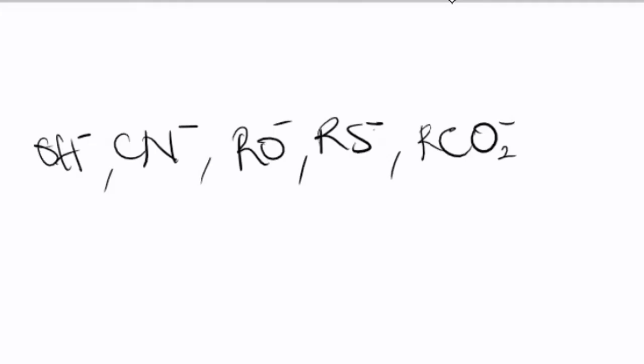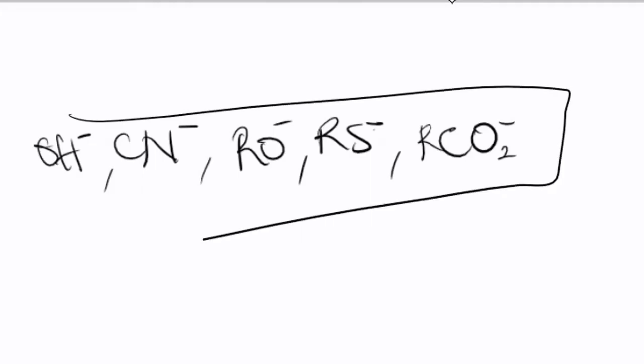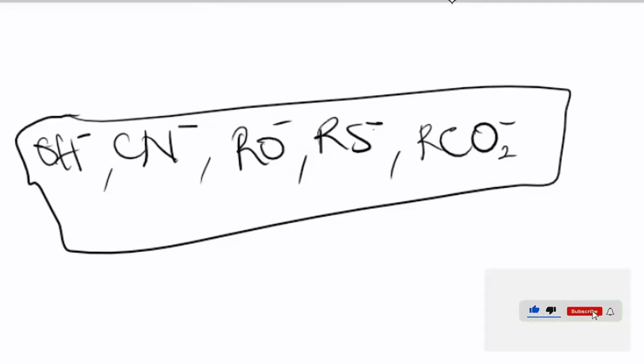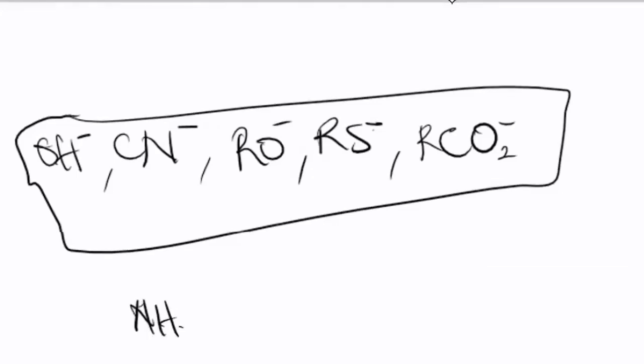So all these are nucleophiles. That means they are negatively charged, they donate electrons. However, some nucleophiles can still be neutral, such as NH3 and H2O.